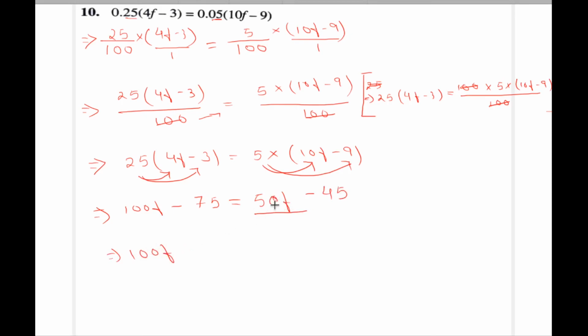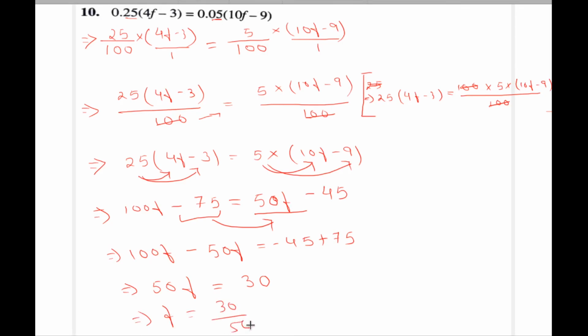Minus 50f. This minus 75 we will take to the other side, so it will become plus 75. So this is 50f, 100 minus 50 is 50, and this is 30. Okay, this implies f equals 30 by 50.